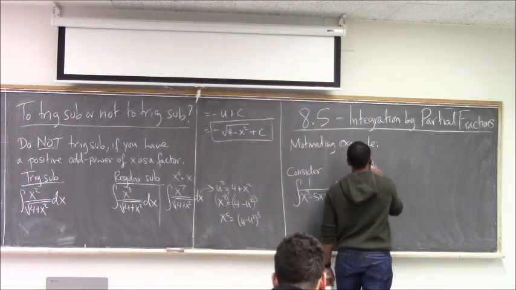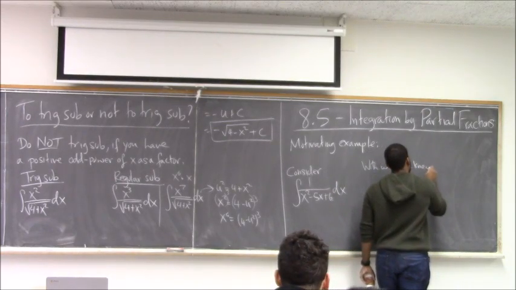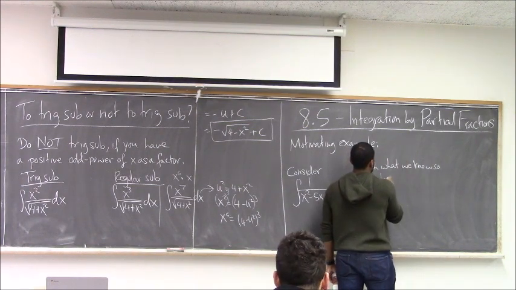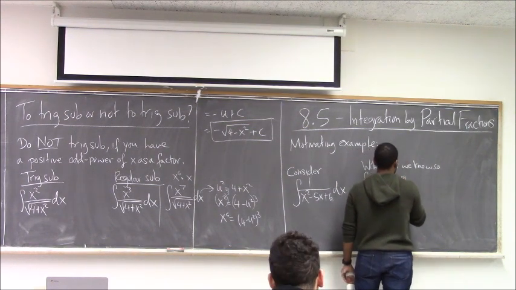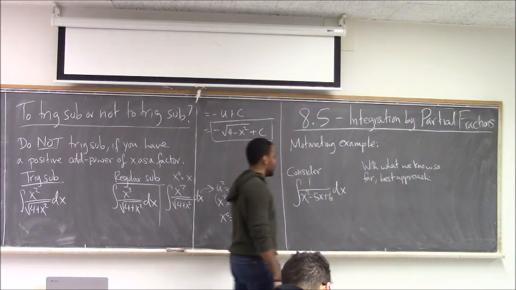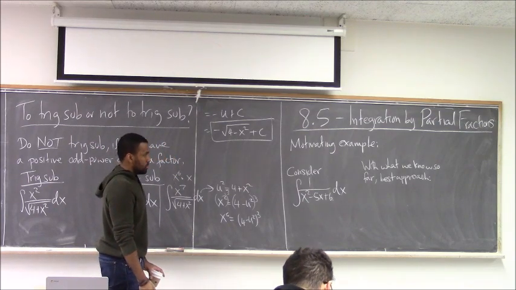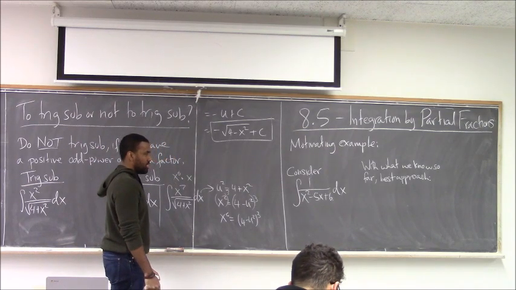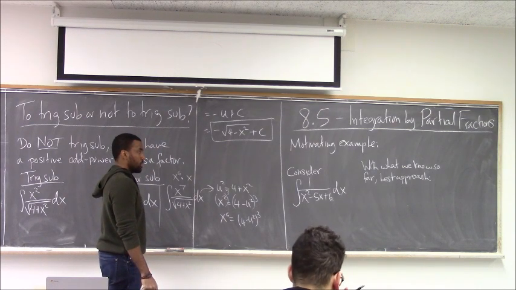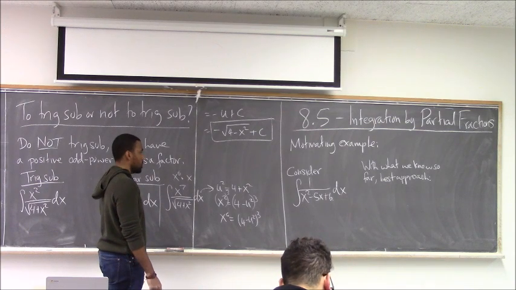With what we know so far, what would the best approach be? Well, it's not a basic rule. Can't really simplify it to look like a basic rule, and it's not really in the right form to do a trig sub, which we would know how to deal with.